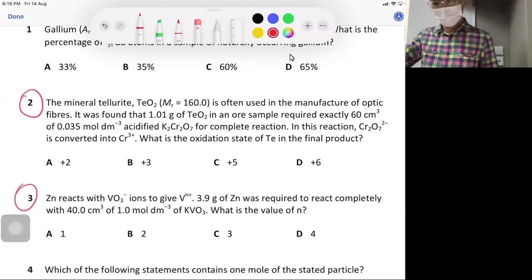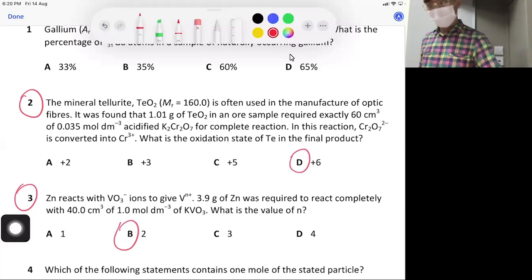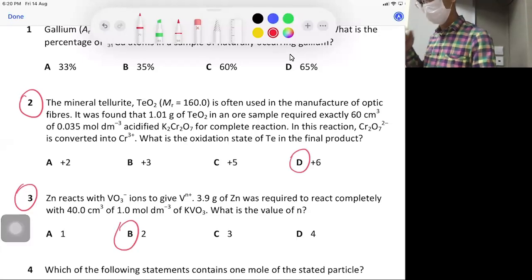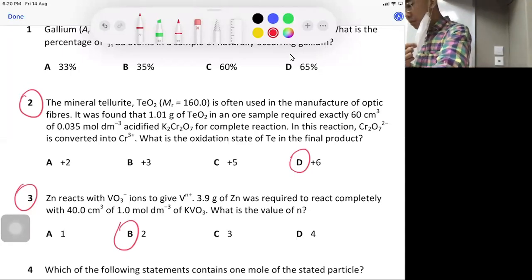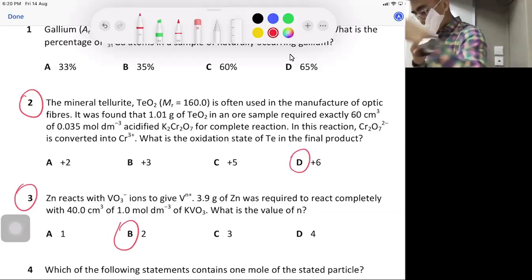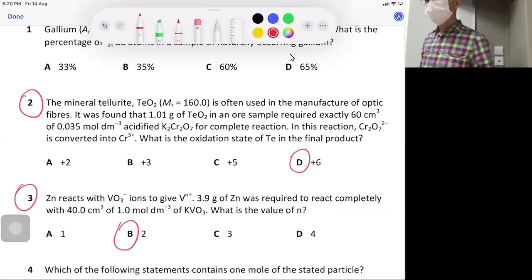You can try other MCQs or you can take a short breather. Your answer is D and B. Yeah, you got sent before. Okay, then choose first.